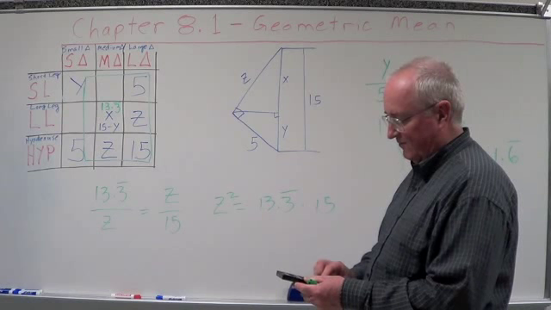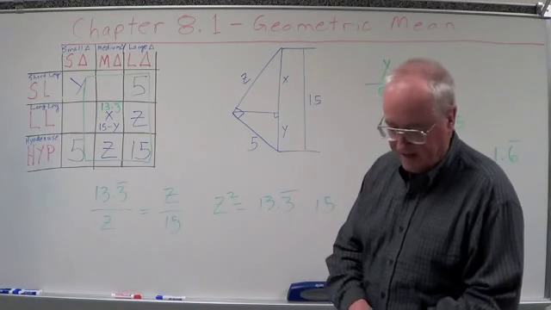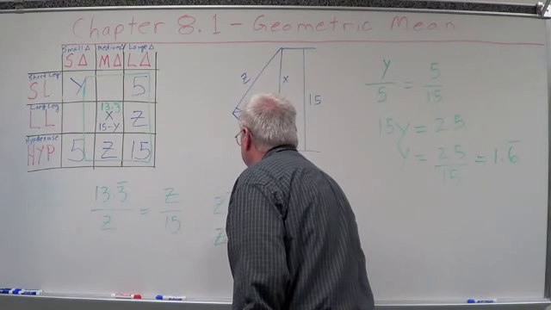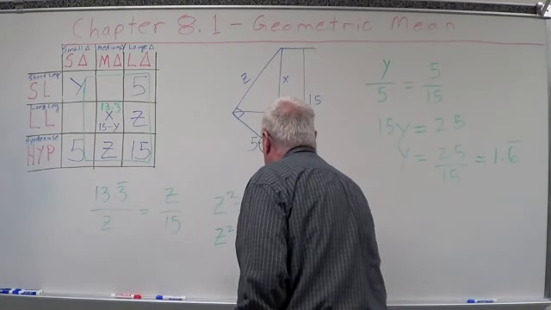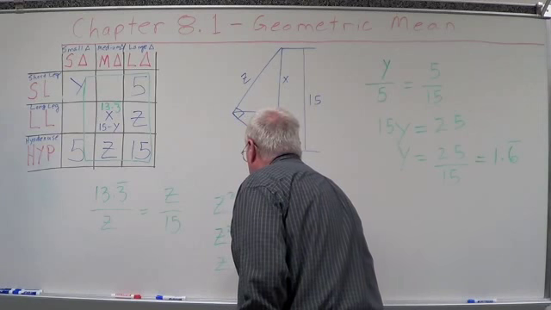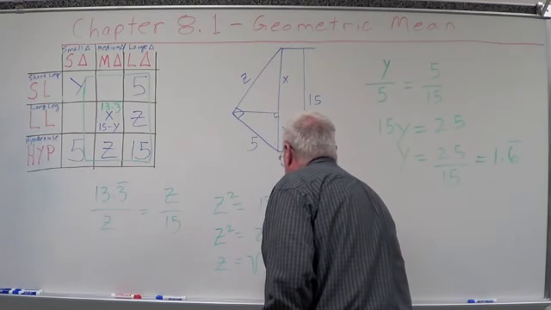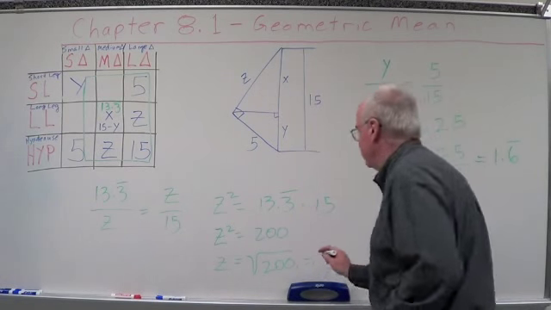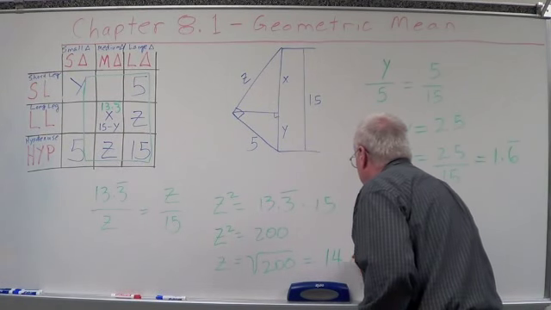13.333333 times 15. Okay, that equals 200, so z squared equals 200. z is going to equal the square root of 200, which equals 14.14.